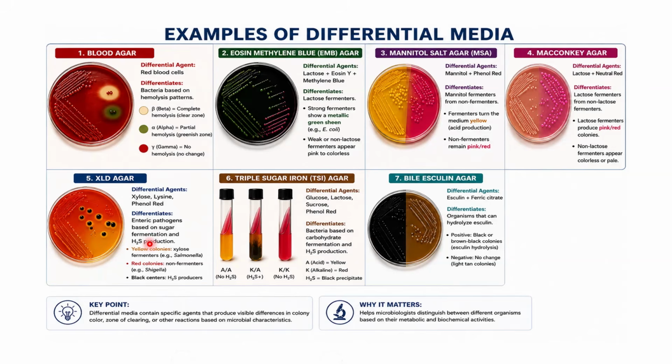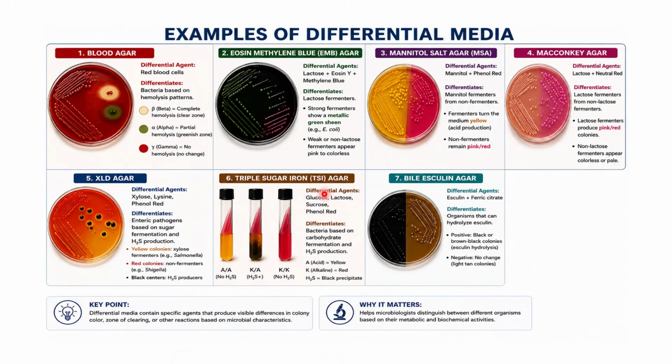For example, bacteria that ferment xylose, such as Salmonella, form yellow colonies on the agar medium after incubation, and those that do not ferment xylose form red colonies on the agar medium, and the production of hydrogen sulfide is usually seen as black centers or spots on the agar medium as shown here.